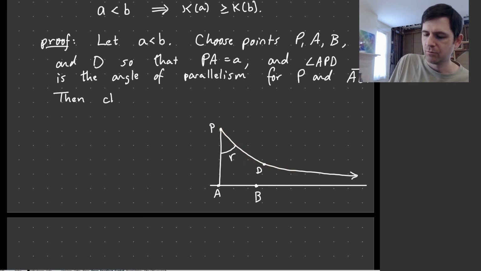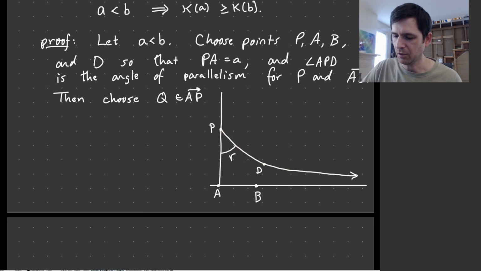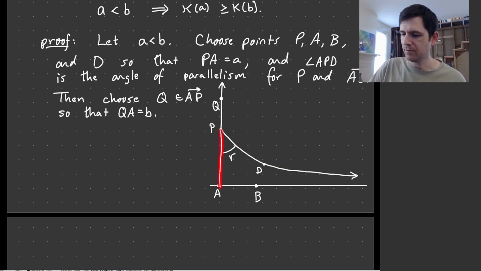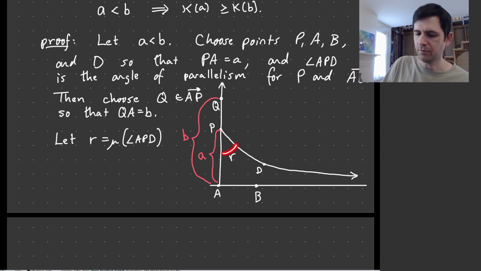Then we'll choose Q in ray AP. So Q is going to be in this ray, somewhere up here, so that QA equals B. So this distance equals A, and this distance equals B. And now let R equal the measure of angle APD as shown.